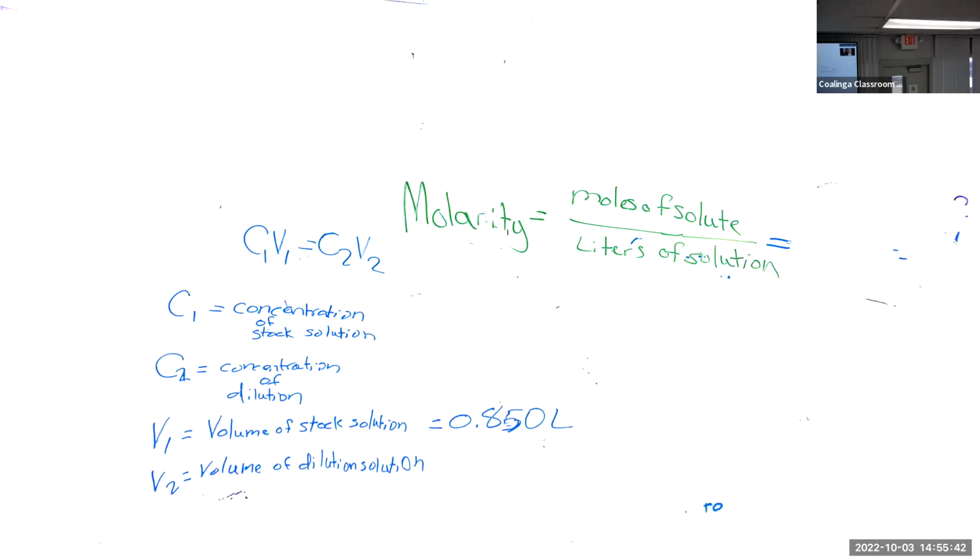And then what is 5.00 molar copper nitrate? It's C1. And then it says it is diluted to a volume of 1.80 liters. That's our V2.